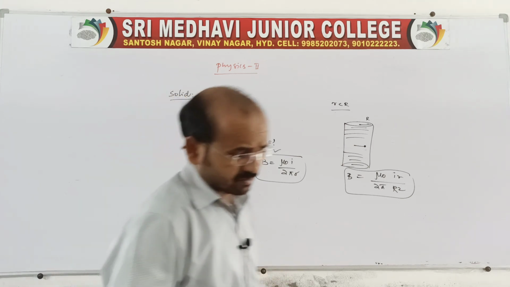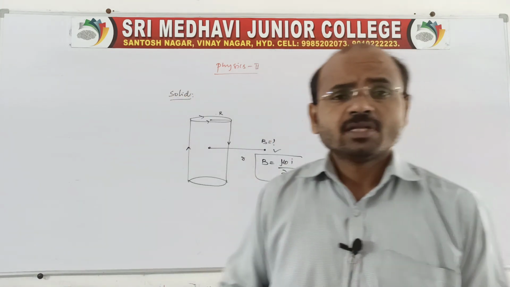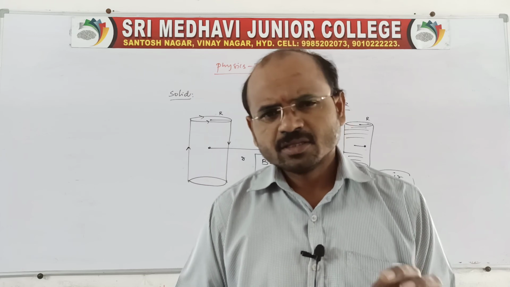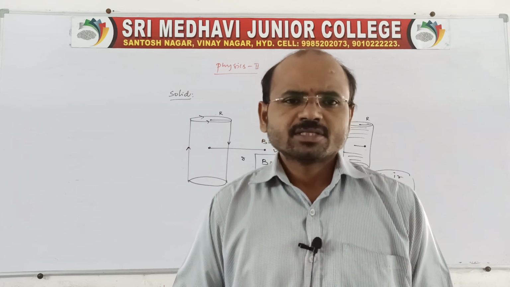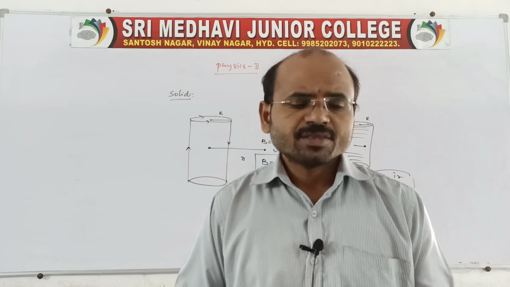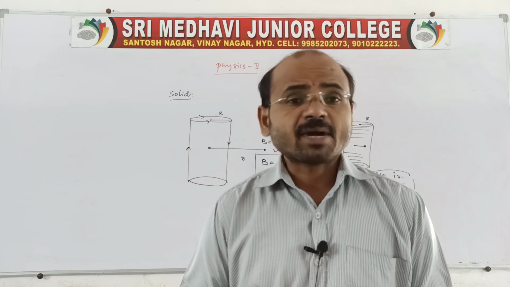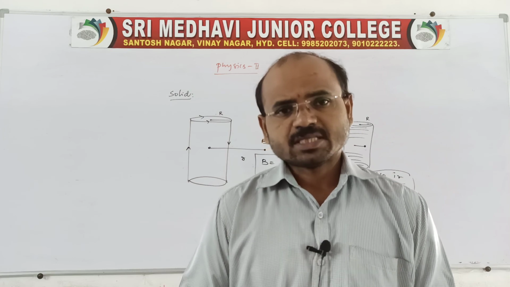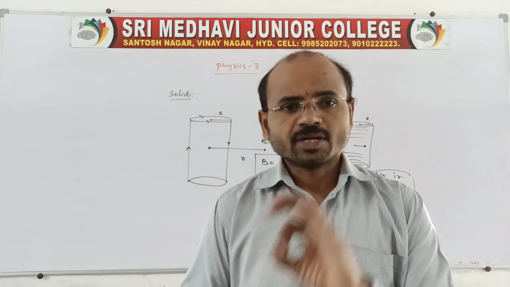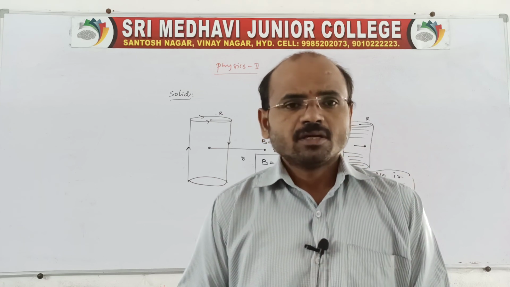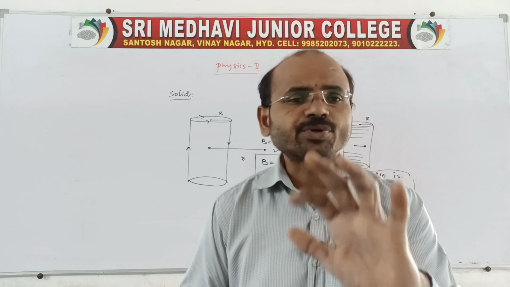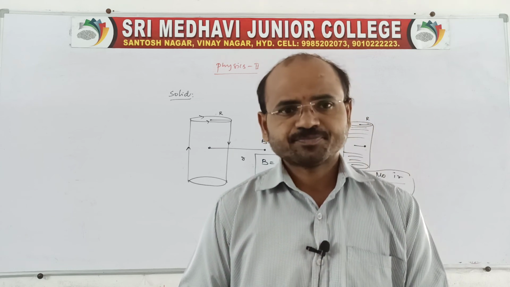So let us see another topic, that is the solenoid and toroid. Sir, what is a solenoid? The solenoid is a device used to produce magnetic induction. The solenoid as well as the toroid are the devices which are used to produce magnetic inductions.